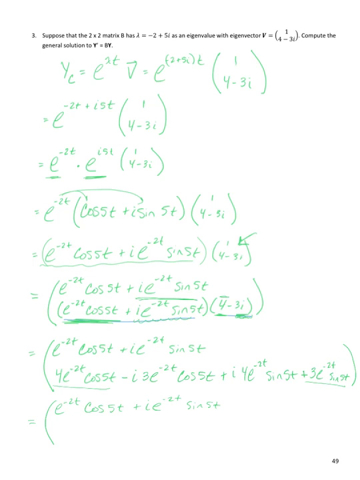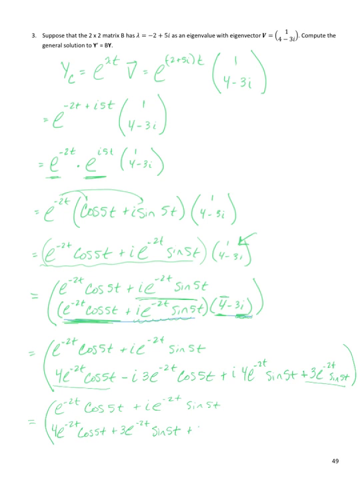They're not like terms, so I just have to copy them down: 4e to the negative 2t cosine 5t plus 3e to the negative 2t sine 5t. And then my imaginary terms, again, are not like terms, so I just have to write them down too.